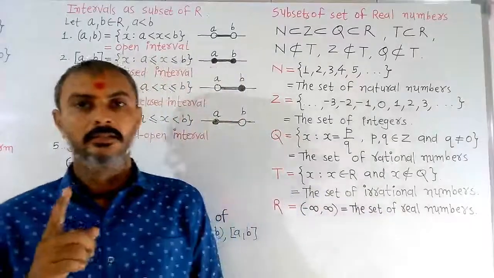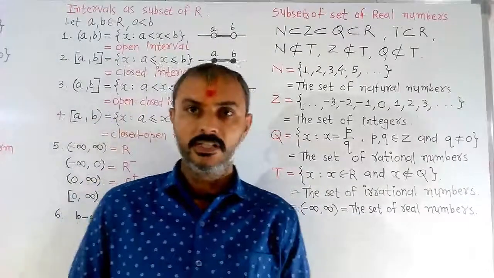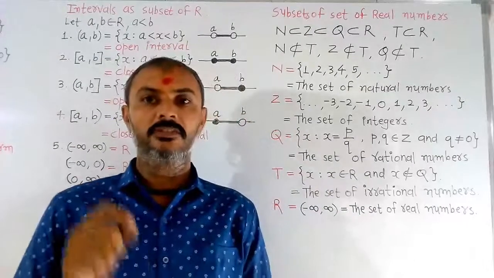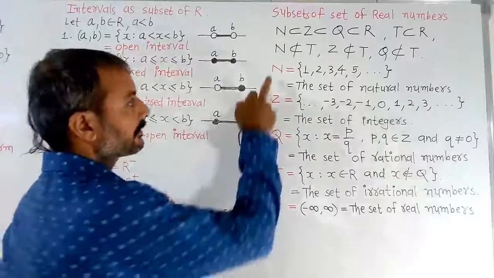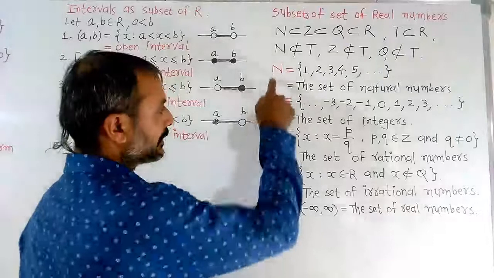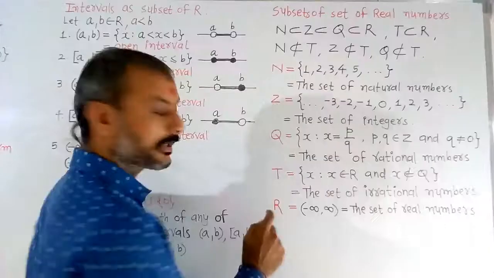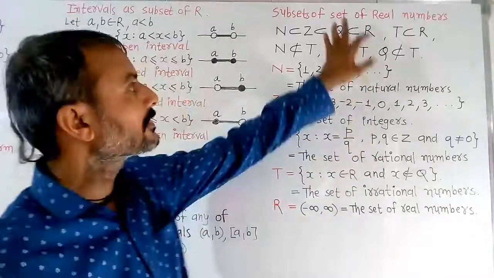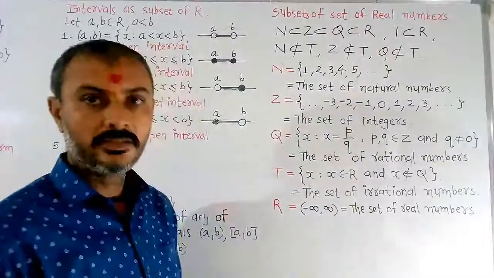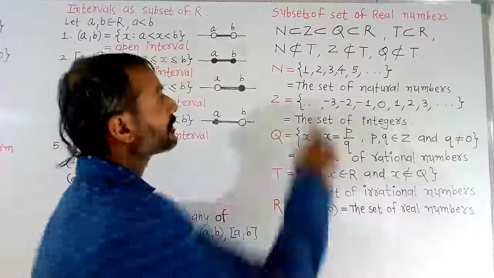In lecture 2 we discussed some special sets. In that way, here also we discuss N, Z, Q, T and R. Okay. In the relation of subsets, first see what the relation is.